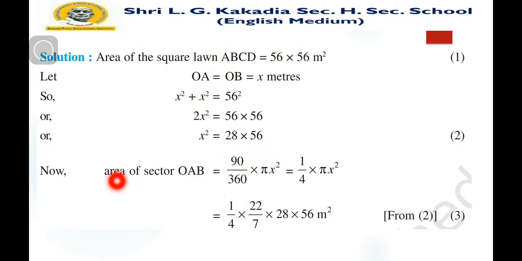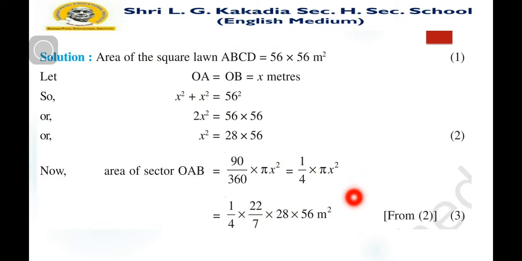Now the area of sector OAB is given by theta by 360 into pi r square. Here theta is 90 degrees, so 90 by 360 is 1 over 4, into pi x square. We know x square, so we put the value: 1 over 4 into 22 by 7 into 28 into 56 meter square.